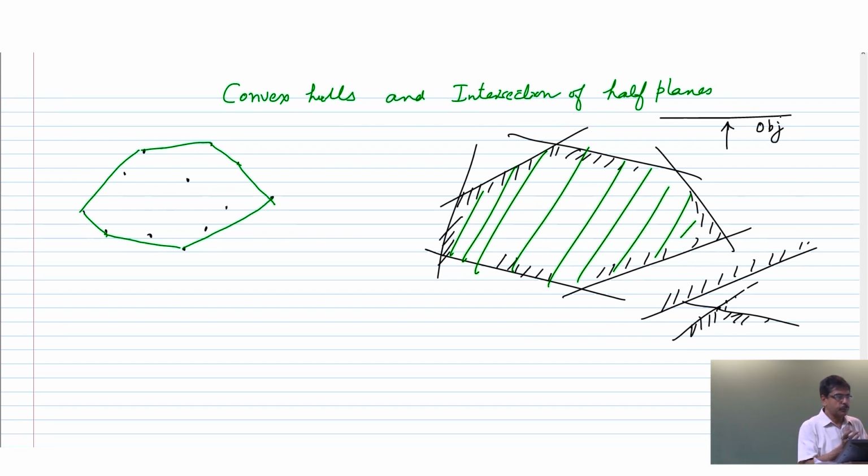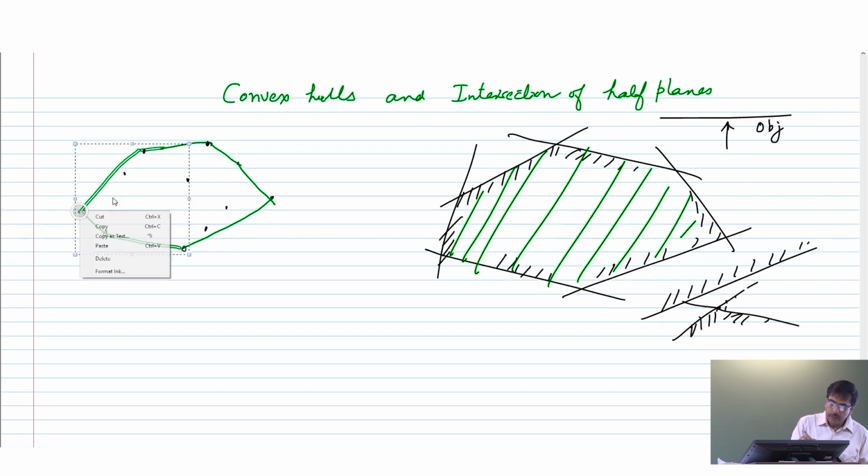But if I look at this problem of intersection of half spaces and the convex hull problem, here is the connection. Given a set of points, I can apply the dual transform and define a set of lines. Then let us look at the structure of the convex hull.